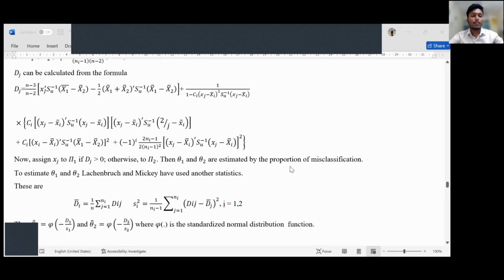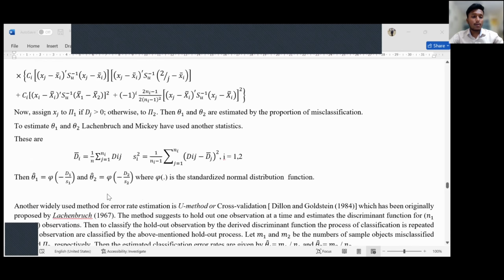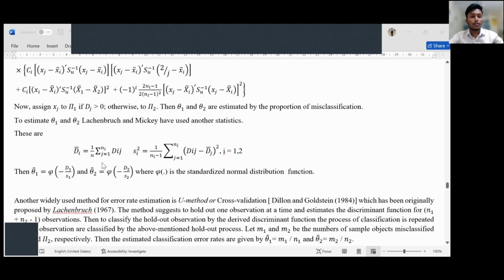To estimate them, Lachenbruch and Mickey used other statistics: di bar is equal to 1 by ni times the summation over j from 1 to ni of dij, and si square is equal to 1 divided by (ni minus 1) times the summation over j from 1 to ni of (dij minus di bar) square, where i is equal to 1 and 2. Then theta 1 cap is equal to phi of minus d1 bar upon s1 and theta 2 cap is equal to phi of minus d2 bar upon s2, where phi is the standardized normal distribution function.